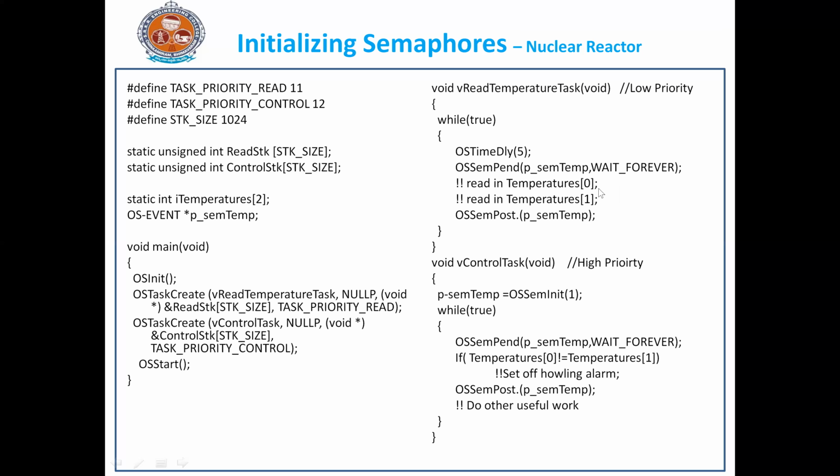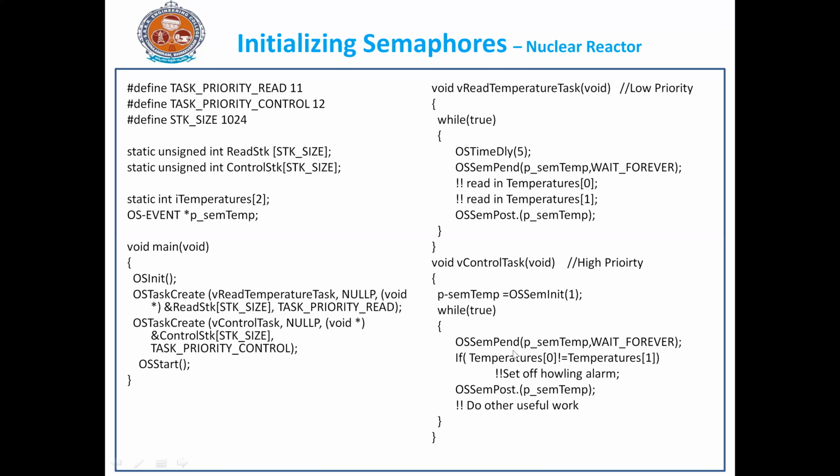Then temperatures of 0 will be 71 and temperatures of 1 will be the previous value, 70. So it will show that the temperatures are different. But at time t both are 70, and at time t2 both are 71. It has not updated temperatures of 1 because in between this task has been called. Because this is shared data, we got that problem.